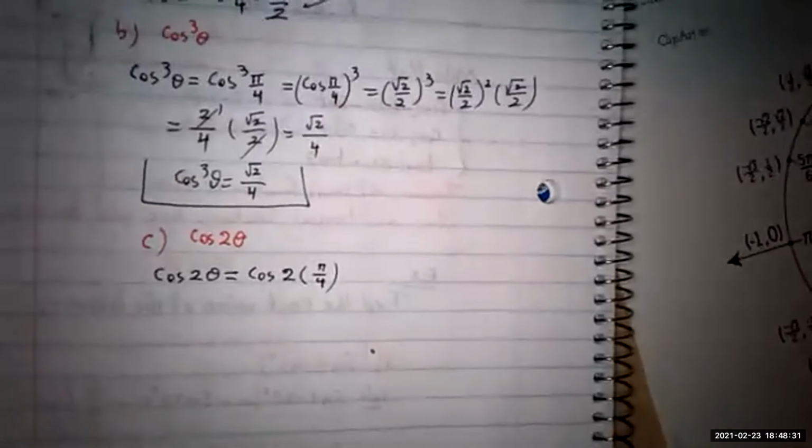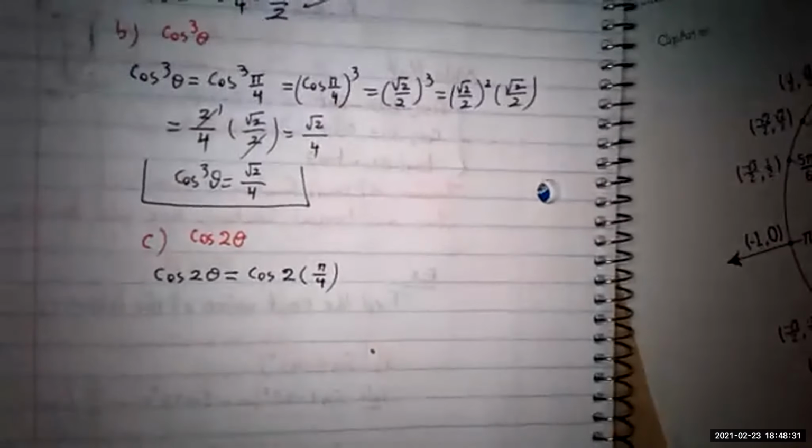So cosine of 2 theta over 3 is equal to cosine of 2 thirds times theta. If you like to write it for an easier form, this is what it is: 2 thirds times theta. But what is theta? The angle is pi over 4. So it's 2 thirds times pi over 4.